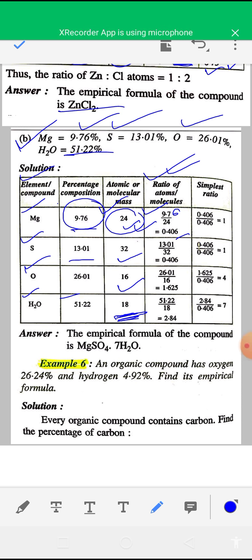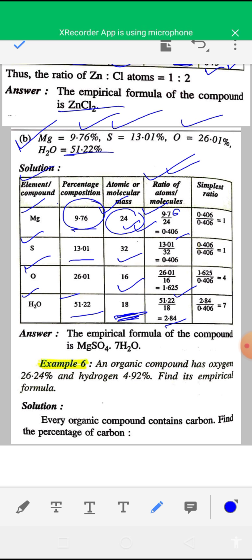Similarly, for oxygen the ratio is 26.01 divided by 16, that is 1.625. And the molecular ratio of water is 51.22 divided by 18, so the ratio is 2.86.